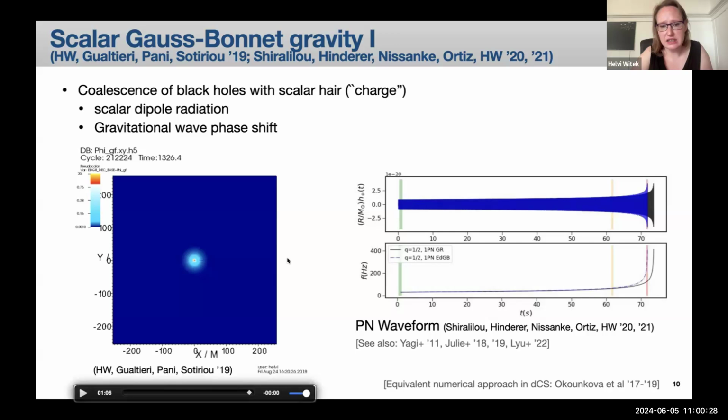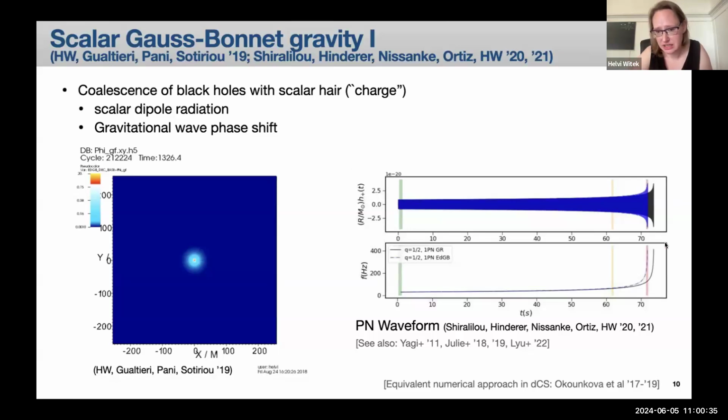Now, what you're seeing here in this plot in the top panel is the gravitational wave strain as a function of time, and in the bottom panel, the frequency evolution as a function of time. The black curve here corresponds to our signal in general relativity for a binary with a mass ratio of 1 to 2. And for specificity, we set the total mass of the binary to be 15 solar masses. So something that would be in the LIGO band.